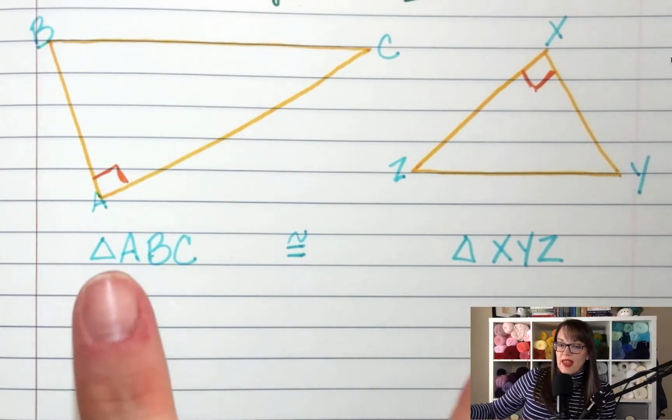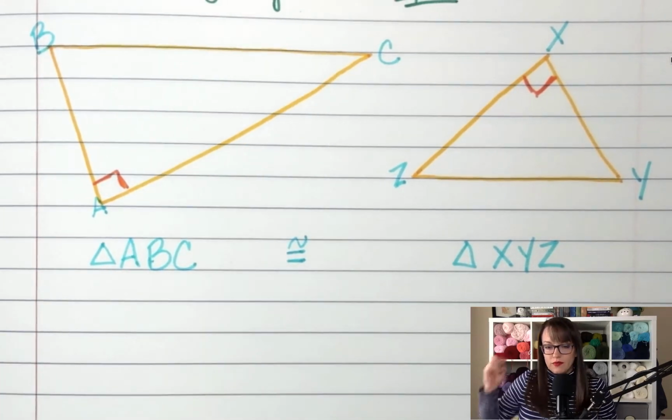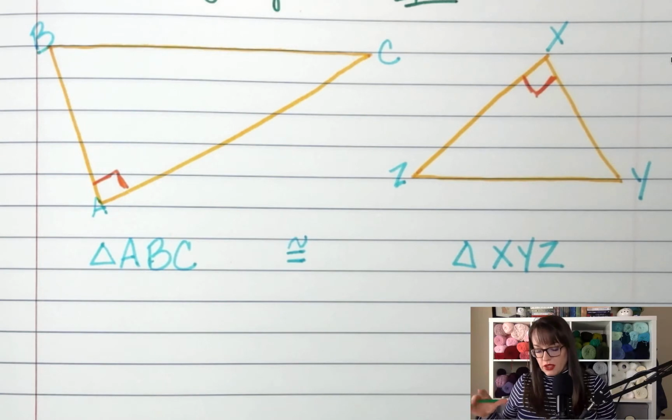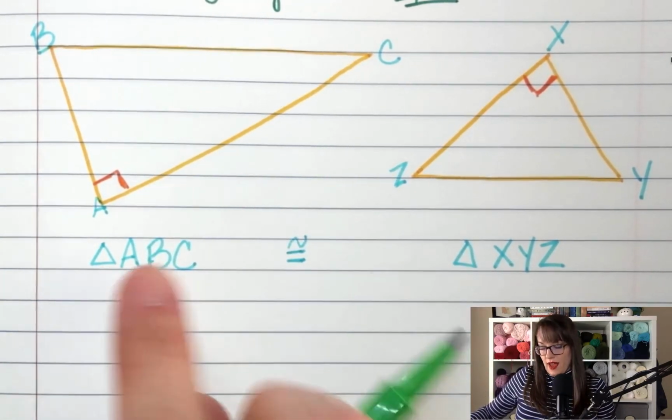The order that they give you is the order that they match. So I love to use colors. So if you have colors, grab some colors. If not, you can do squiggles, waves, and dots to differentiate between the sides. So notice that I have AB in that order.